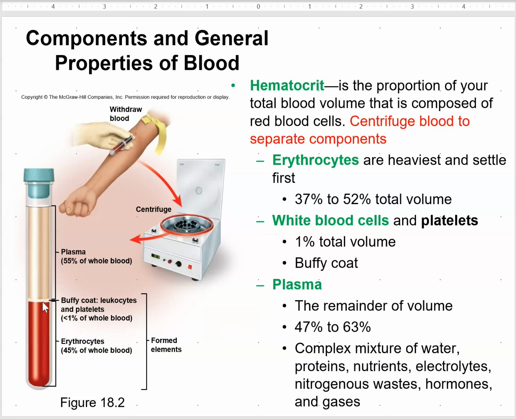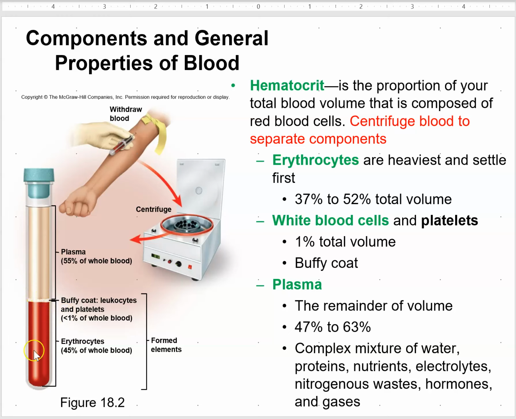One very common test for looking at the composition of blood is known as hematocrit, or the crit. This is a test wherein blood is drawn from your arm and then it is spun down in a centrifuge. When you spin it down, the heavier elements in the blood separate from the lighter elements.